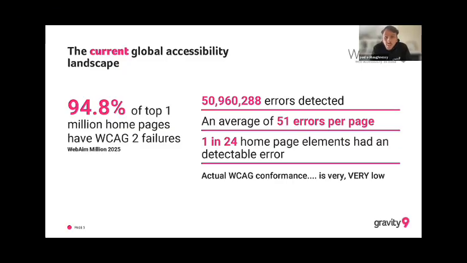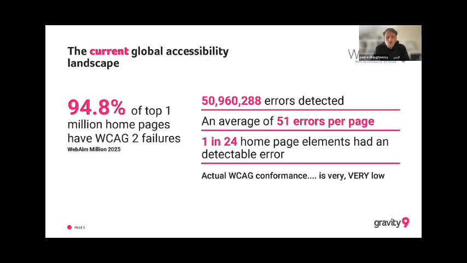As you can see here, the latest report found that 94.8% of the top 1 million websites were deemed to be inaccessible, with varying amounts of errors found per page, with the worst offenders ranging from 70 to 120 errors per page. Which is very, very bad, unfortunately.